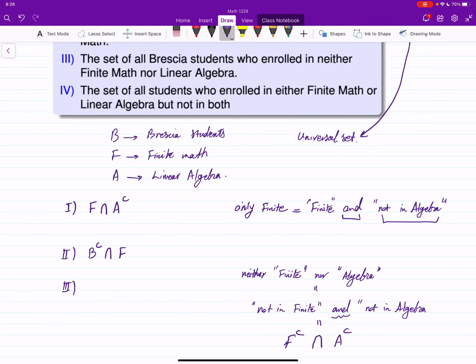So not only do I want this one, I also want them being in Brescia, or Brescia students. So that means that we are dealing with B intersection F complement intersection A complement.